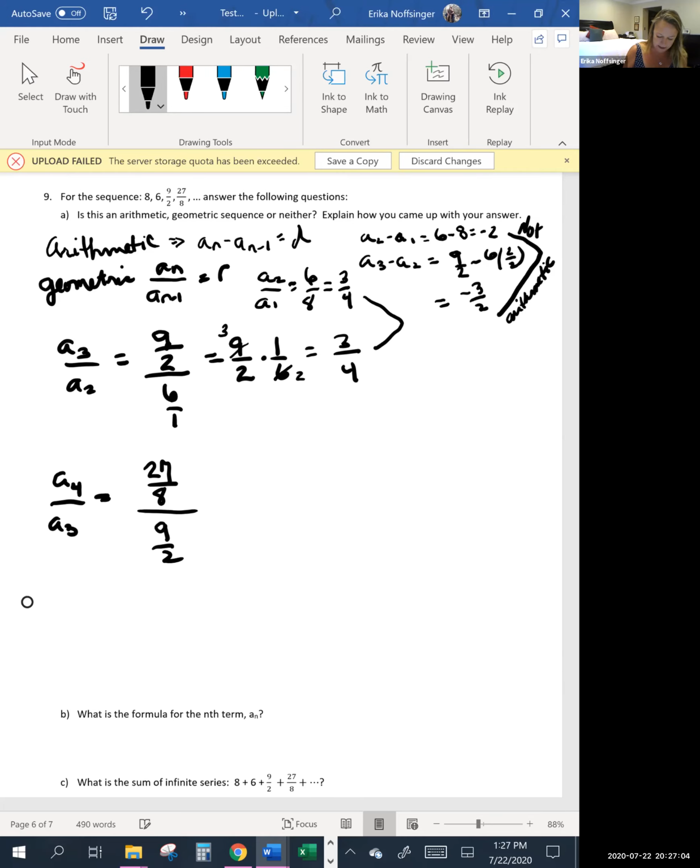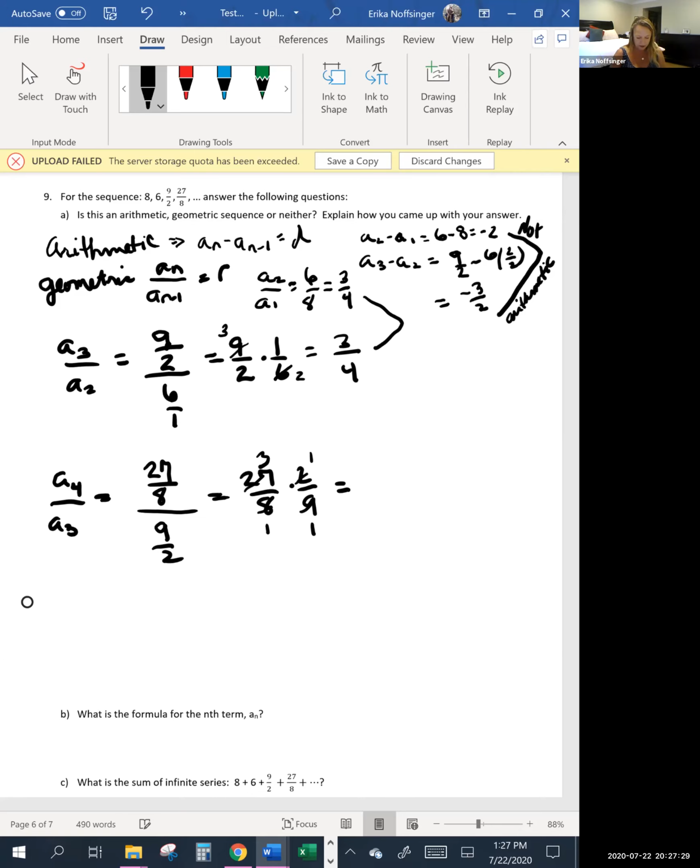Rewrite it: this is 27/8 times the reciprocal of 9/2, which is 2/9. Simplifying, 2 goes into 8 4 times. 9 and 27 both have 9 in common. 9 goes into itself once, and 9 goes into 27 3 times.